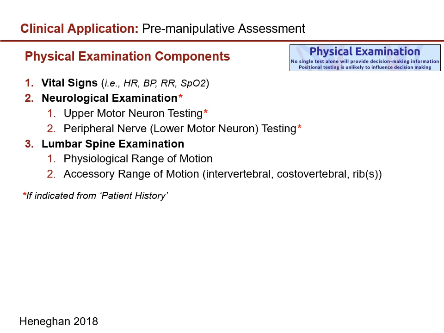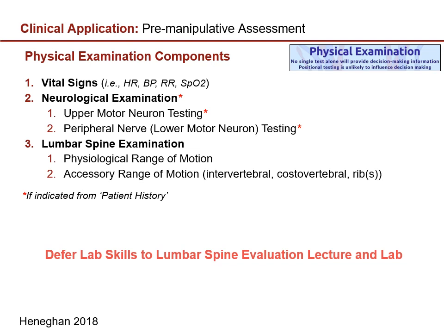Lumbar spine examination. This is your traditional physiological orthopedic exam of the lumbar spine. You're going through your full ranges of motion. Maybe you're doing repeated motions and overpressures, combined motions, depending on what their sensitivity and their irritability of their symptoms are. And then your accessory ranges of motion of the vertebral column of the lumbar spine.